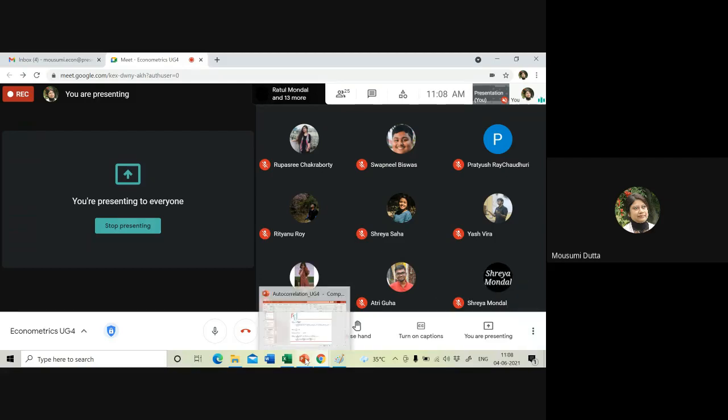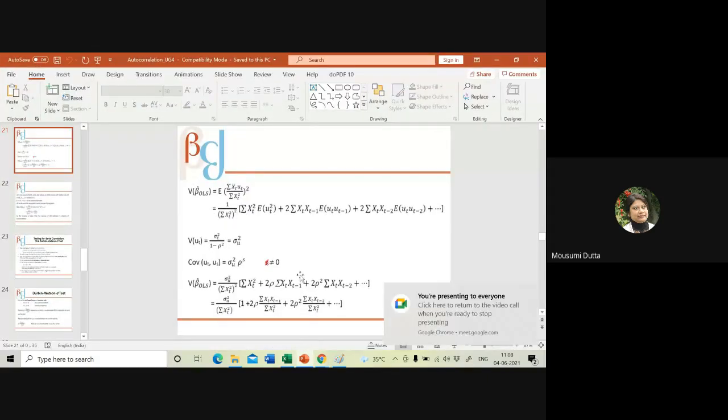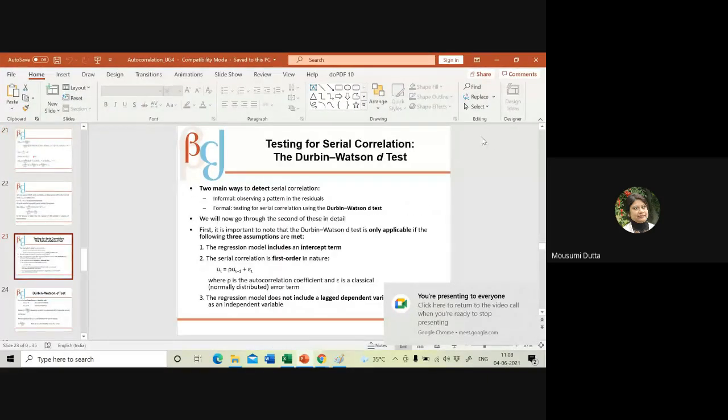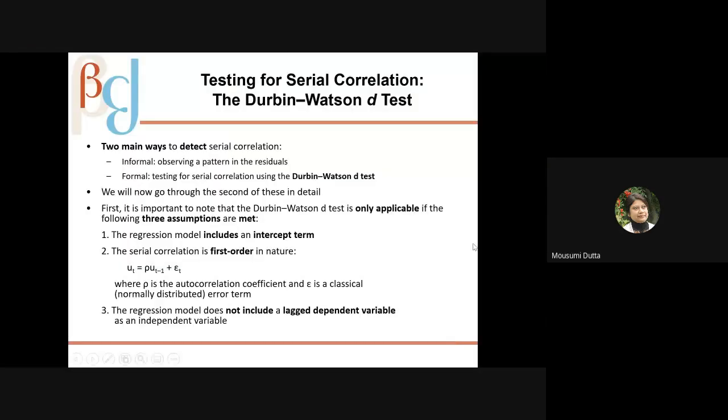So let's start with the detection part. There are two main ways to detect serial correlation.